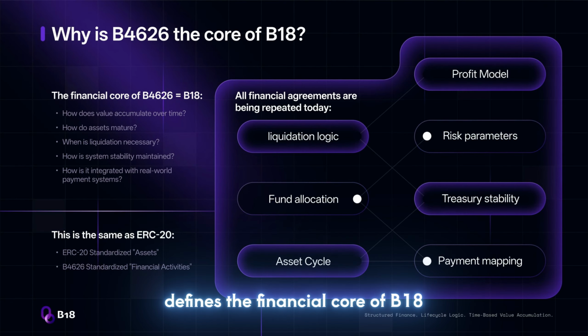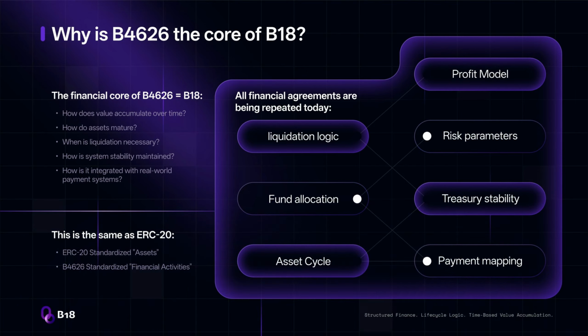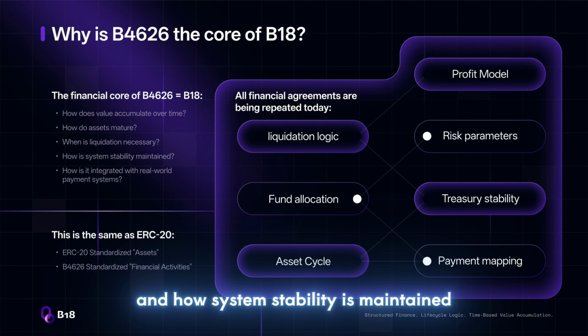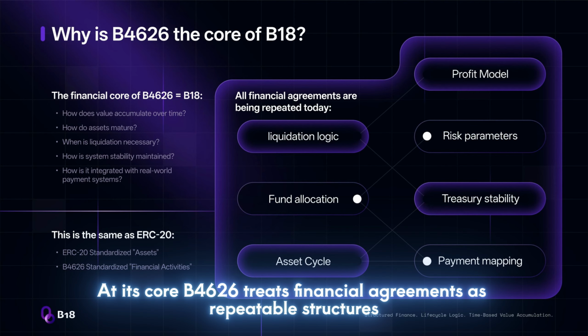B4626 defines the financial core of B18. It standardizes how value accumulates over time, how assets mature, when liquidation is triggered, and how system stability is maintained. It also defines how on-chain finance connects to real-world payment systems. At its core, B4626 treats financial agreements as repeatable structures.